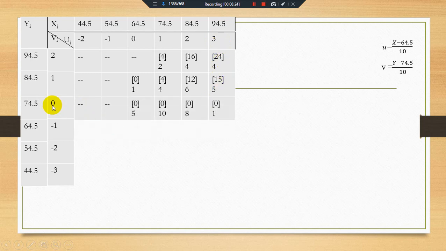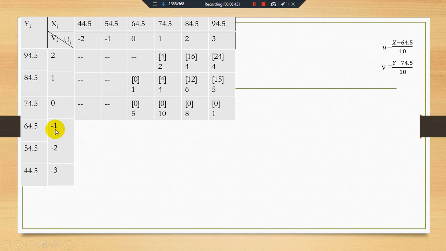Okay, next we have 0 multiplied with the given frequencies, and all the upper side becomes 0, because if you multiply 0 with these numbers, it becomes 0. So that's why this part of the frequency becomes 0.